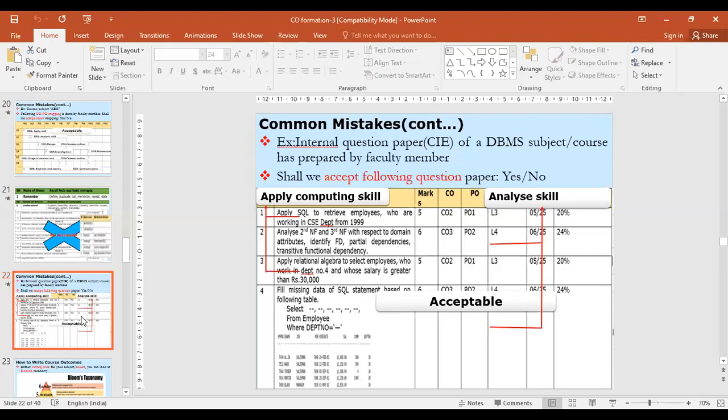Generally, PO6 mainly talks about security. If you're writing any CO based on the security point of view, then it is possible to map there. It is not directly mapped with PO1 to PO4, but you can map at subsequent stages, like PO6, PO7. It may be possible, sir, but indirectly.